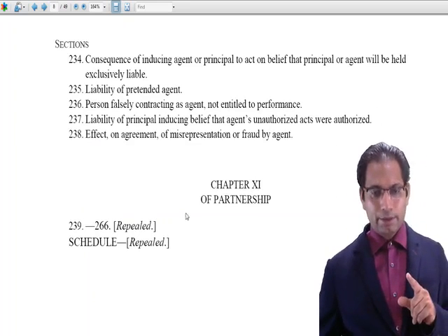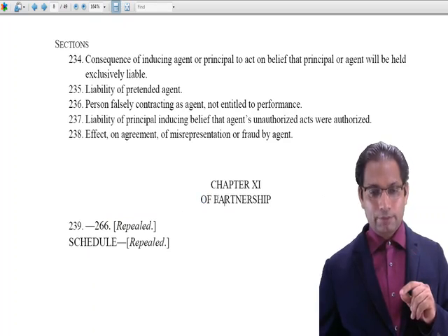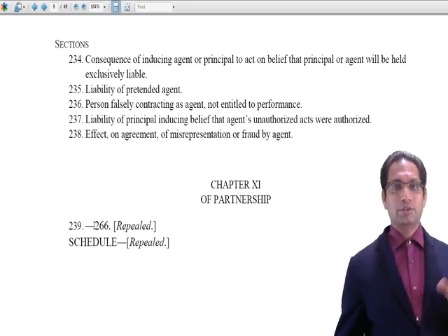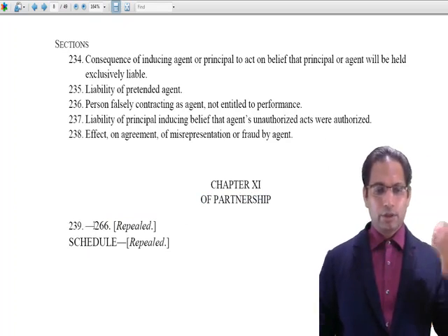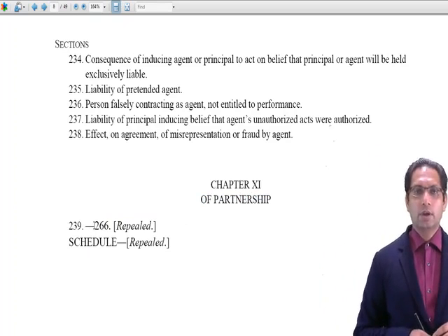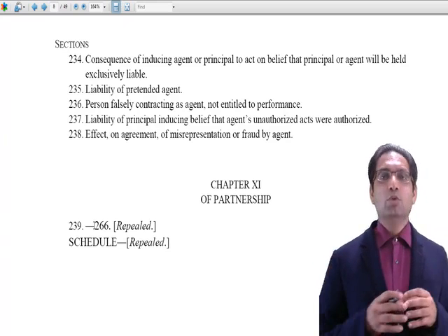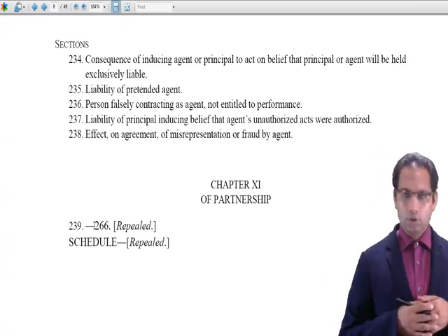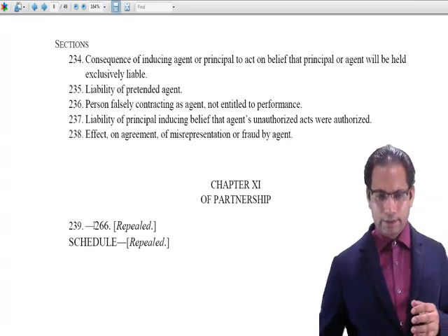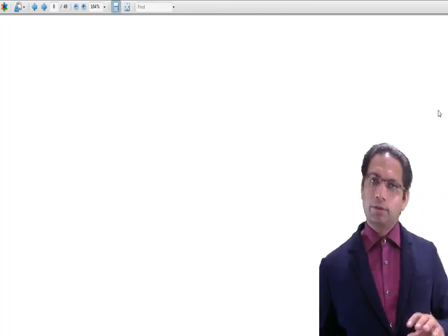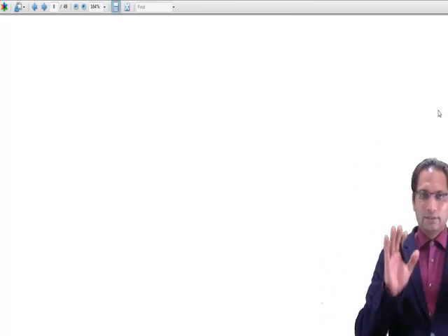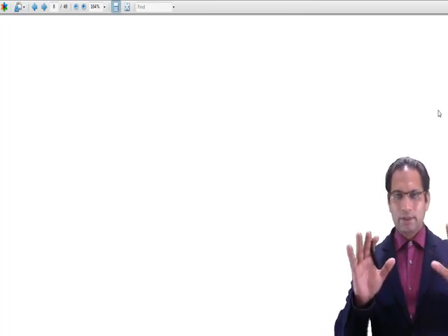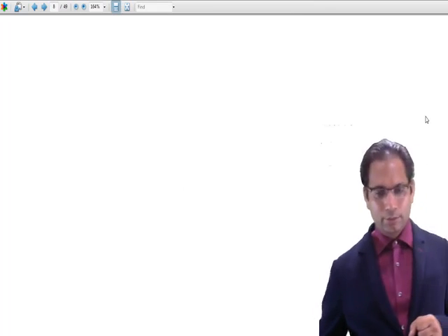And again, surprise, the last chapter, chapter 11, talks about partnership, but all the sections 239 to 266 have been repealed, schedule repealed. Okay, so total number of sections? 266, but many sections are repealed also. I'm going to discuss all of that. And then what? Over? Not at all. This is just about the section number and section name. It's like a table of contents, class. That is when we start.